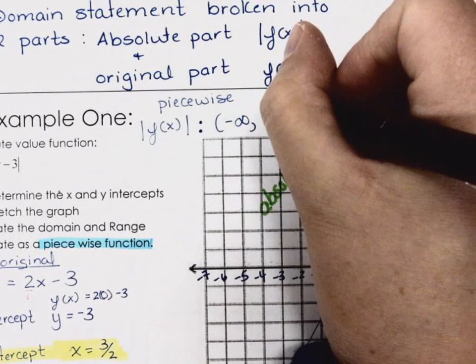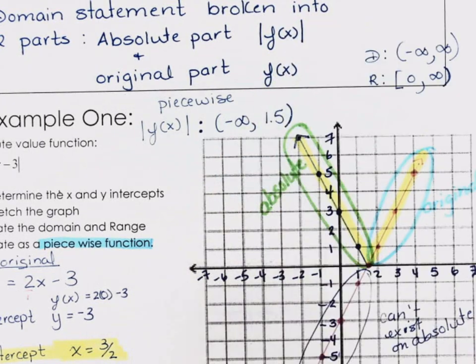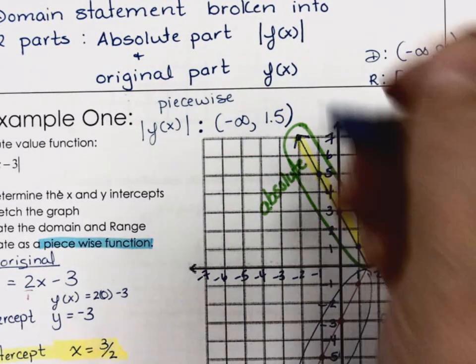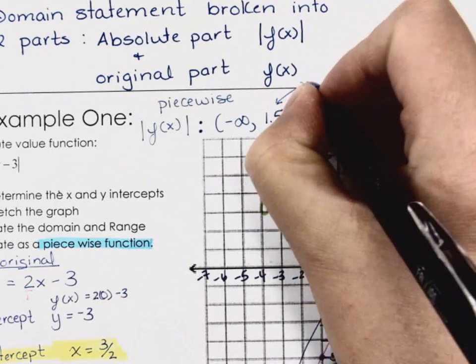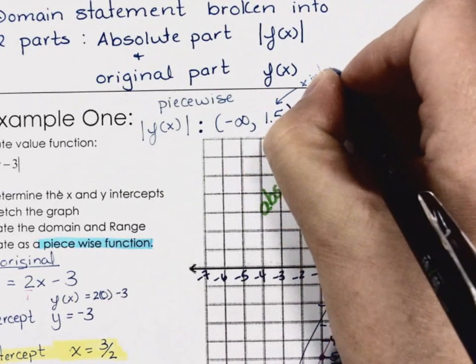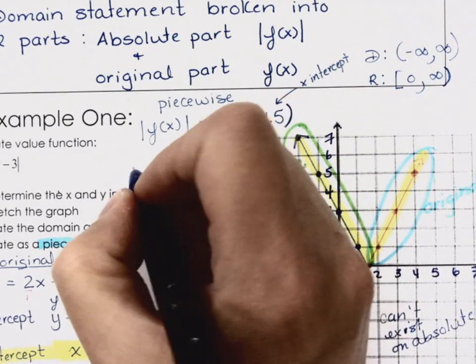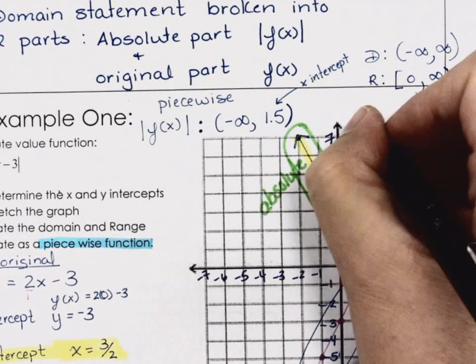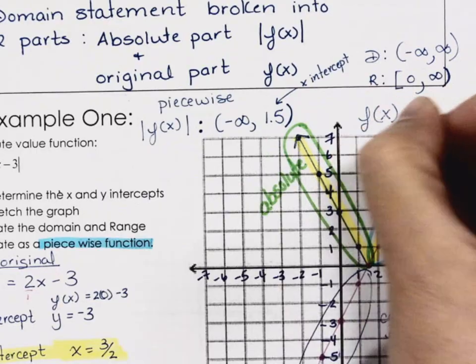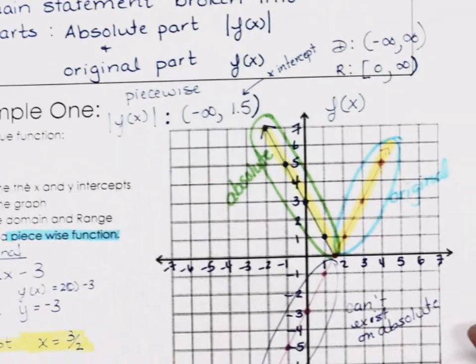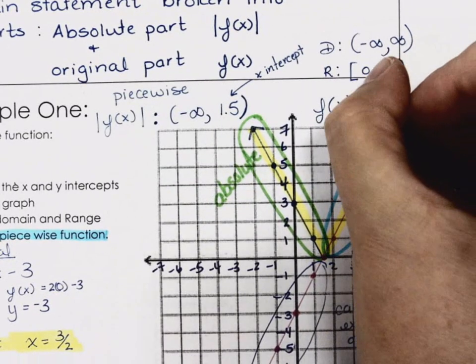Now, in the absolute, we always say it's a round bracket. Even when it's a number? Yep. Because when I go to do my original, the blue part, give me the domain statement for the blue part.